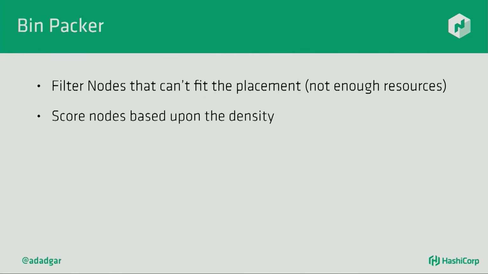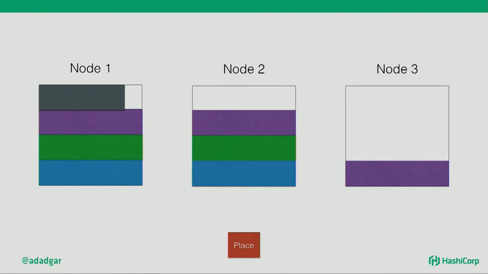So the bin packer has 2 jobs. It filters nodes that can't fit the placement, meaning not enough resources, and scores nodes based upon their density. So if the bin packer had these 3 nodes and it had to place this job, where each of the colored squares indicates a prior placement, well, it could try to place on node 1, but obviously that doesn't fit, so it would filter it.